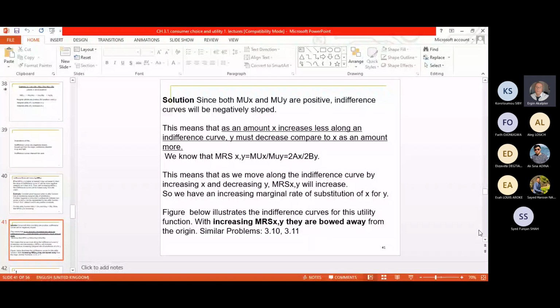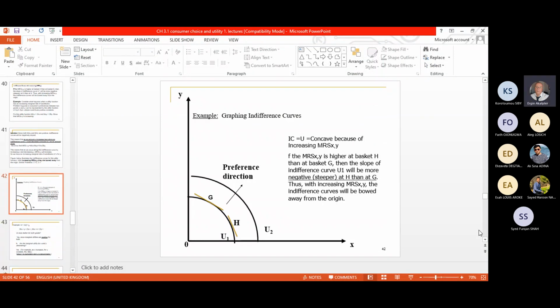I will give you some exercises in the following examples, as I promised. As it is given here, g and h are on the same indifference curve, and as you see, u2 is higher than u1.